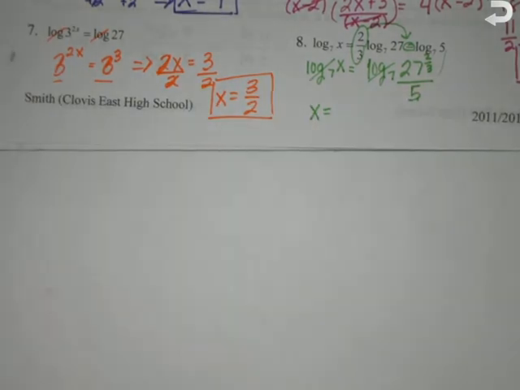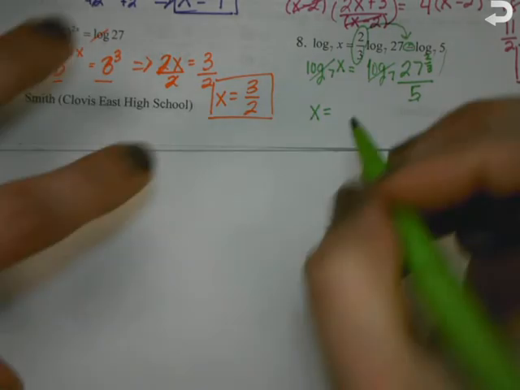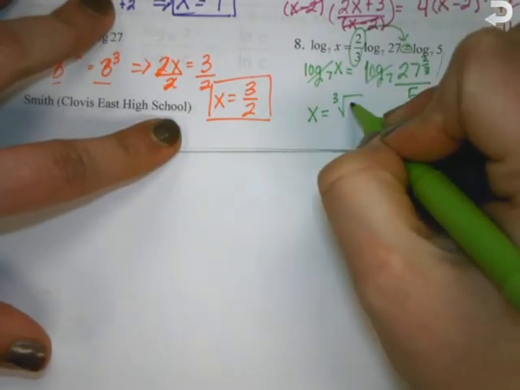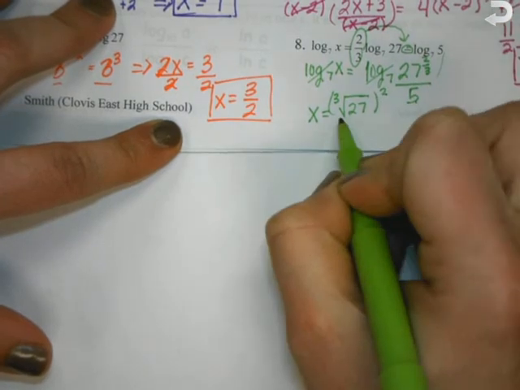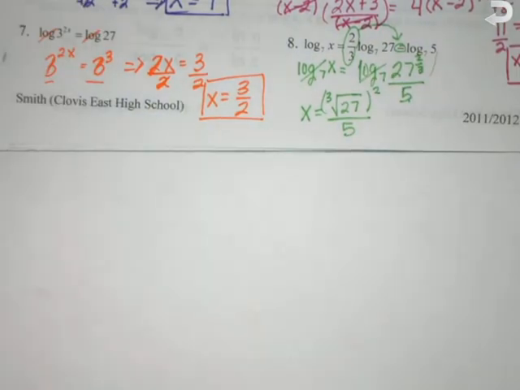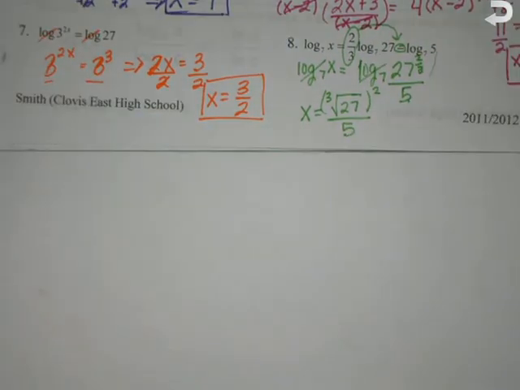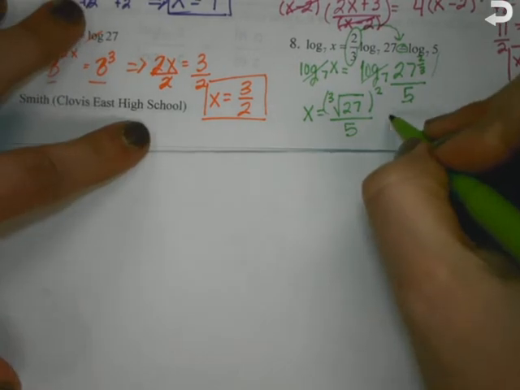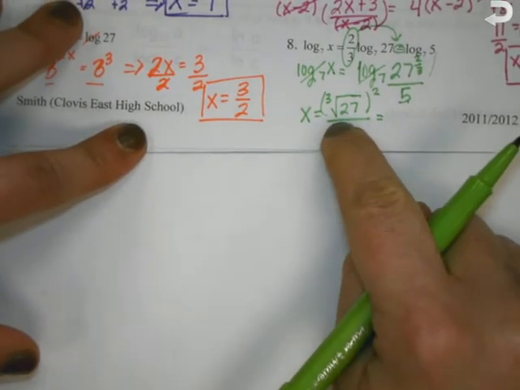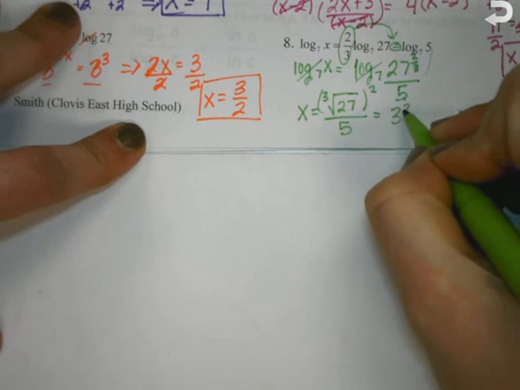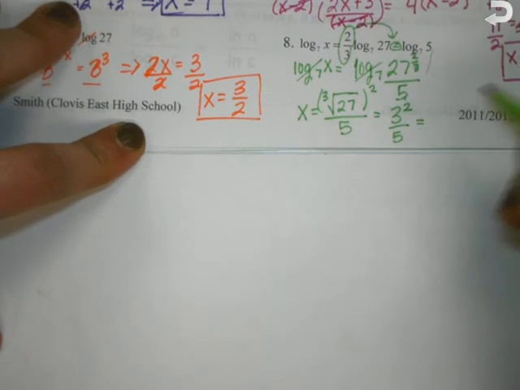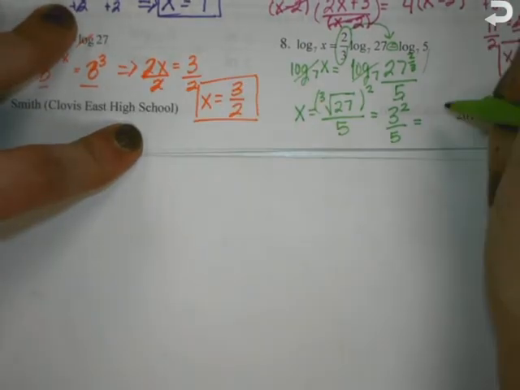Cube root of 27, and then all of that squared, divided by 5, right? Which equals, cube root of 27 is 3, squared over 5, and 3 squared is 9, so 9 over 5.